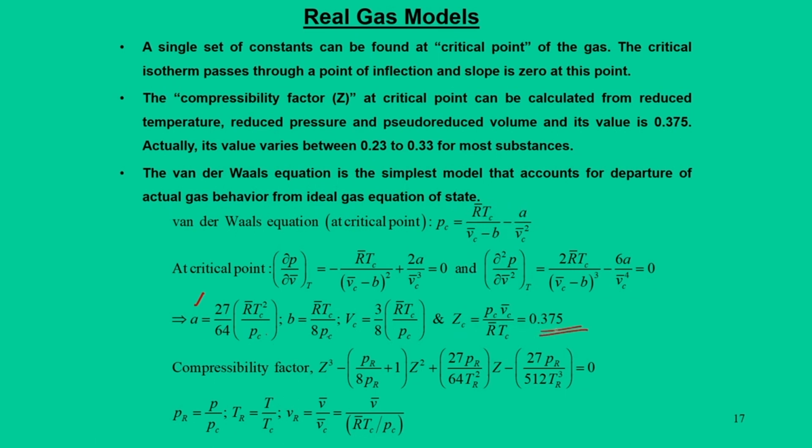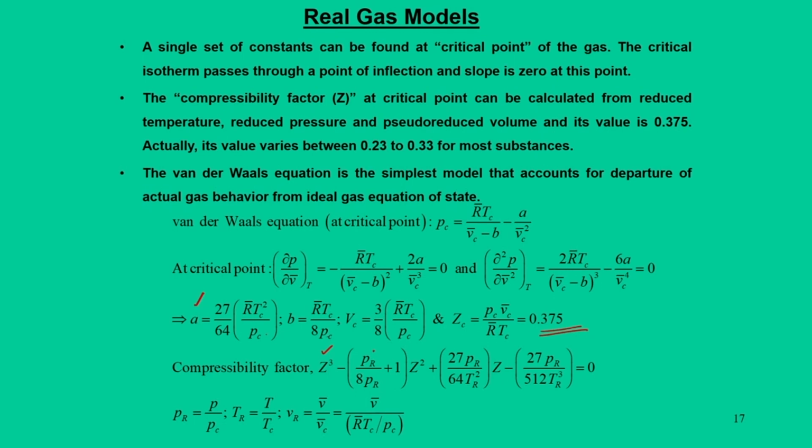This is the consequence of the Van der Waals equation for getting the constants. Putting these in, one can also find the compressibility factor equation, which is cubic in Z, with Z cube, Z square, Z terms, represented in terms of PR and TR.